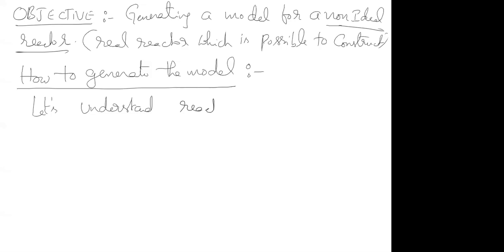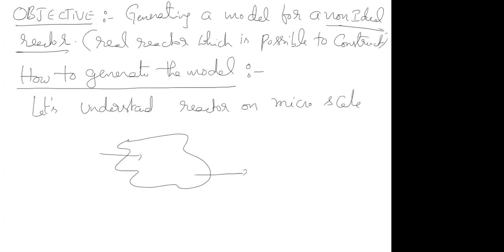the reactor on a micro scale. On a small scale, what is happening? Suppose this is a real reactor, and let's imagine that you have sent 3 particles, just from a study point of view, inside the reactor.